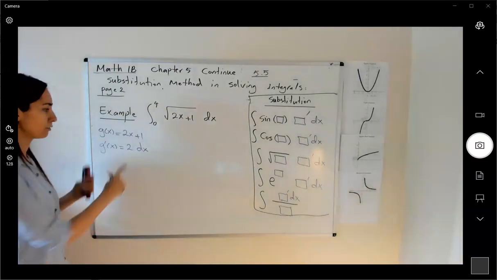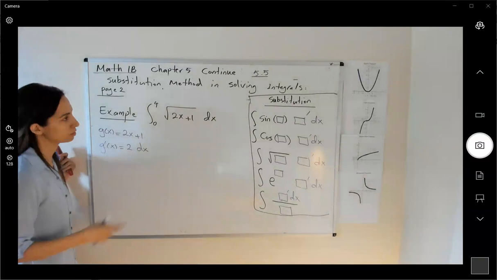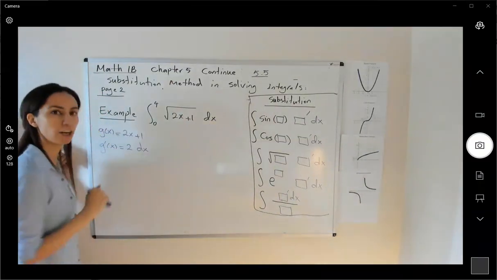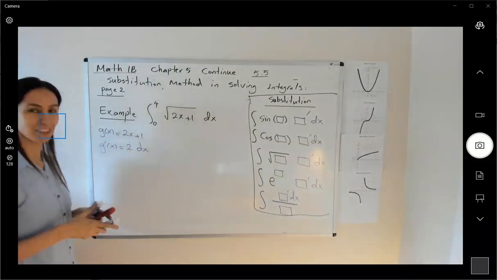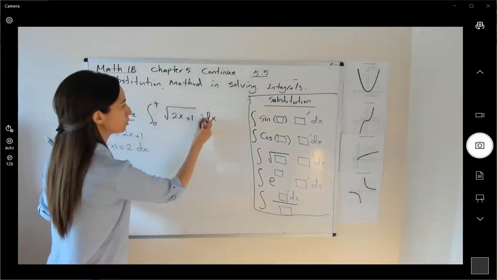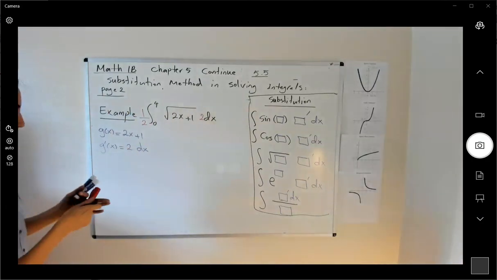Very well. We're lucky. It's just a number. It doesn't have any variable next to it. So if I multiply the integral by 2 and divide by 2, I can create g prime and apply the u sub method. I'm going to multiply this by 2 and at the same time divide by 2.